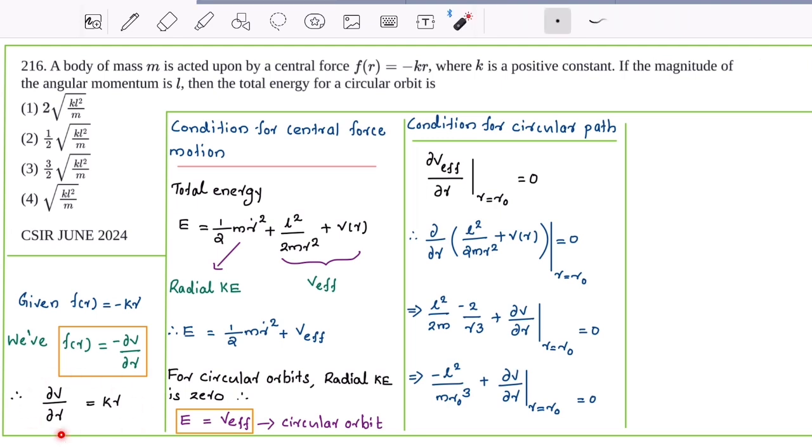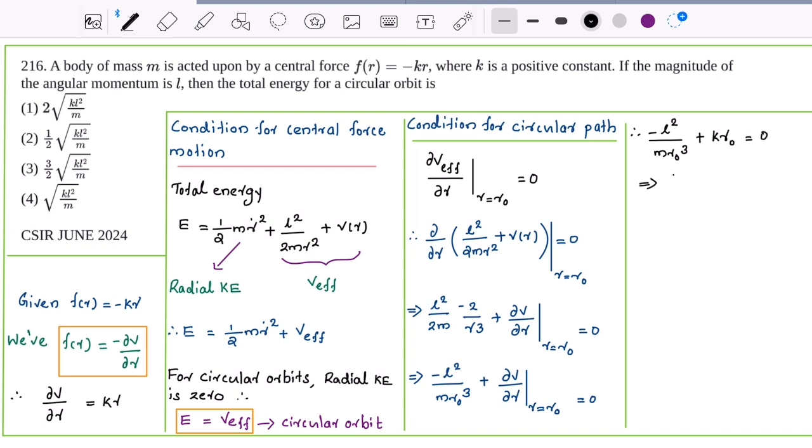Now substitute the value of dou V by dou r in this equation. Remember, we are evaluating everything at r is equal to r0. Therefore, our expression becomes minus L square by m r0 cube plus k r0 is equal to 0.